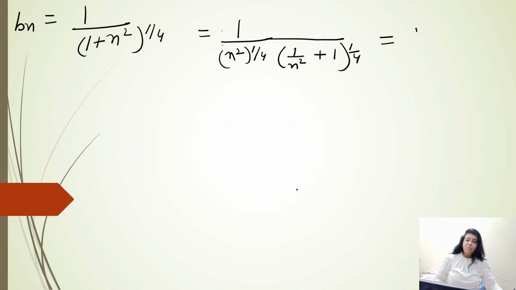So this becomes 1 by n square; 2 and 4 go, so you are left with 1 by 2, 1 plus 1 by n square whole raised to power 1 by 4.